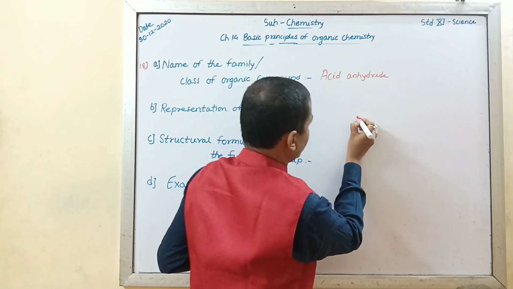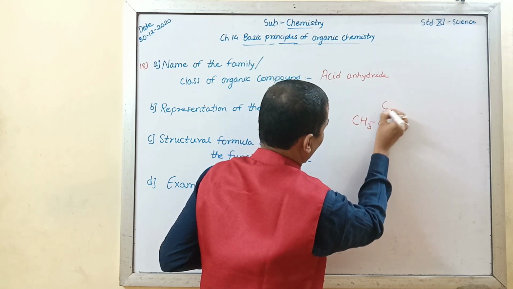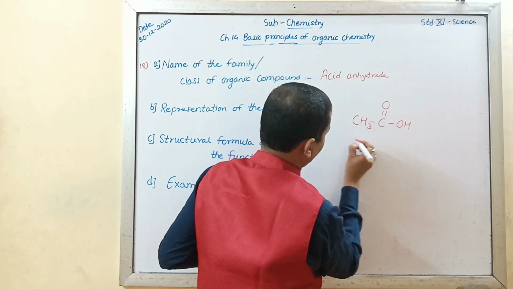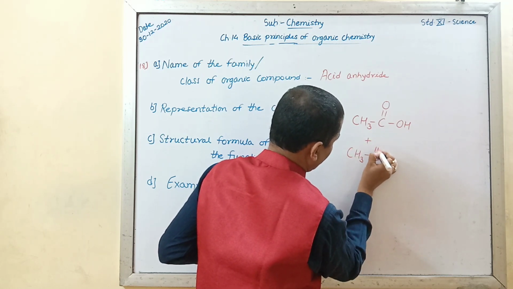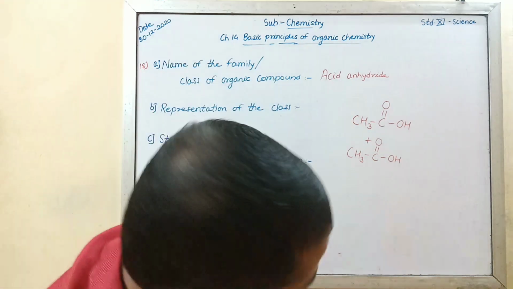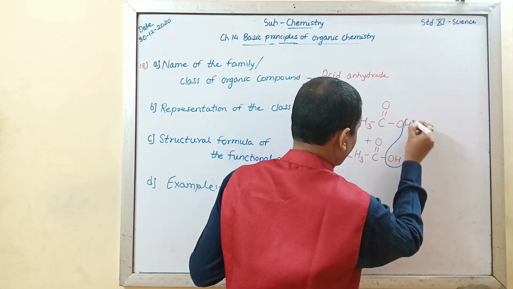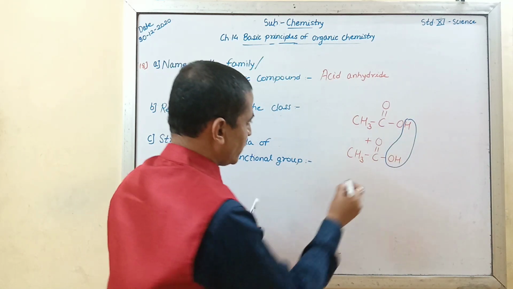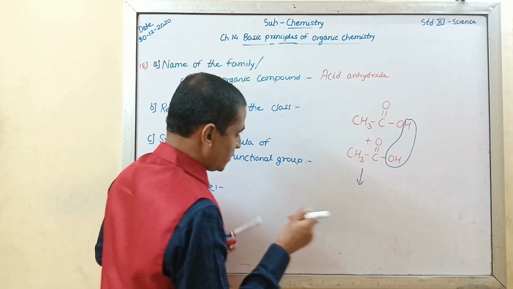It can be written as, if I have acetic acid CH3COOH plus CH3COOH, if you remove this water molecule, then what will you get? You get anhydride.